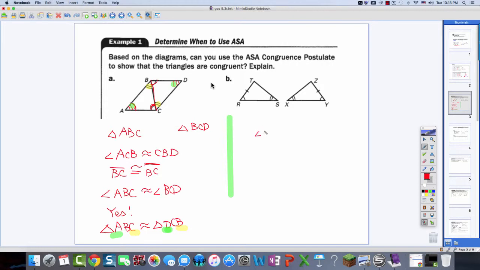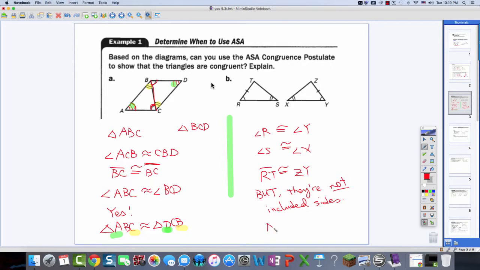I have angle R congruent to angle Y. Then I have angle S congruent to angle X. I also have a side, RT congruent to ZY, but they are not included sides, meaning they're not sandwiched between the two angles.